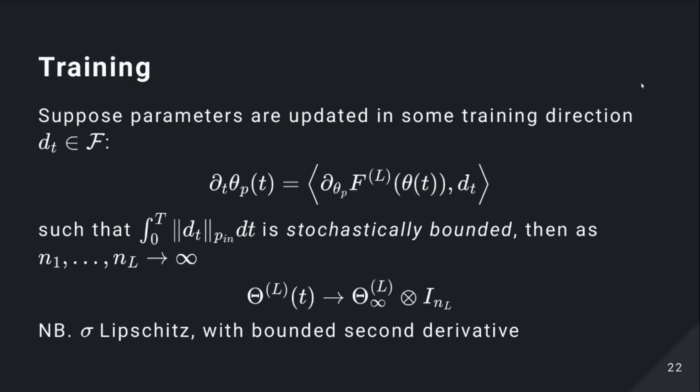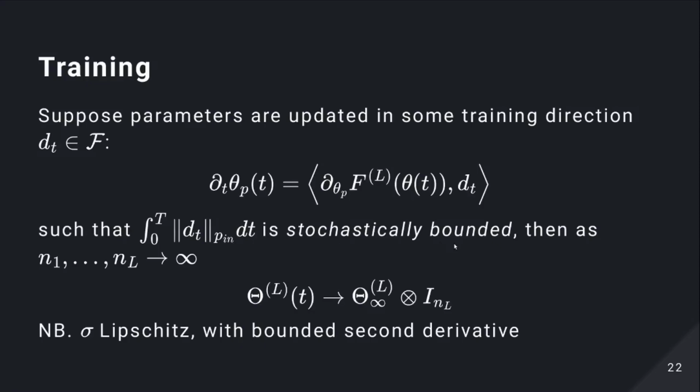Our second main result is that whenever we train the parameters with respect to some training direction, not necessarily the gradient one, but some training direction, which basically includes most training algorithms we use, following this descent in the function space, the only needed assumption is that the integral from 0 to some t of the training direction norm is stochastically bounded.